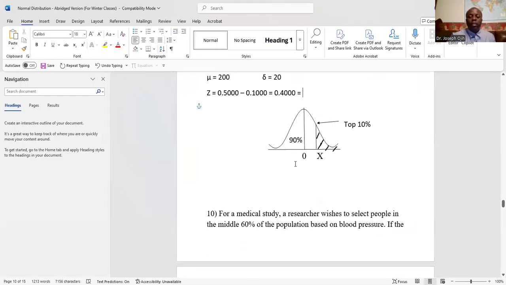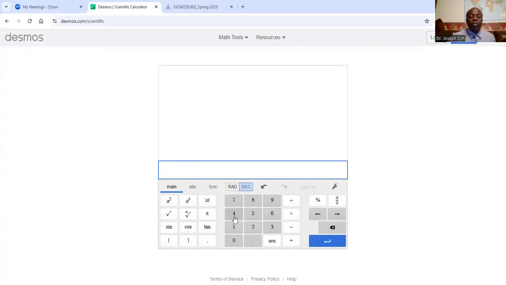Let's check it on the calculator to see how far away it is. 4,000 minus 3,997, let me make sure I wrote it down properly.